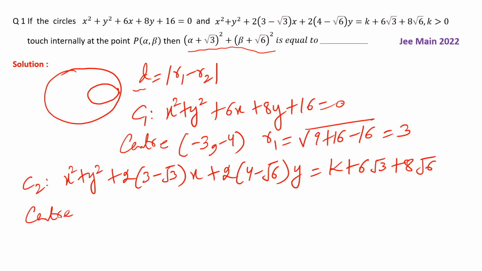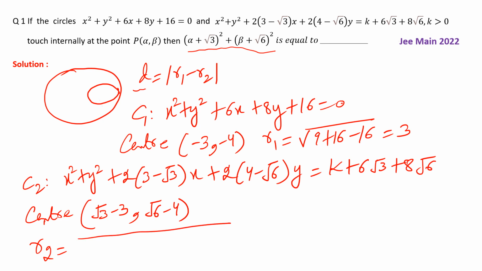Now, the center of this circle comes out to be (-g, -f), which is nothing but (root 3 minus 3, root 6 minus 4). Fine. And if I find its radius R2, then R2 becomes under root of g square, that means (root 3 minus 3) whole square, plus (root 6 minus 4) whole square.